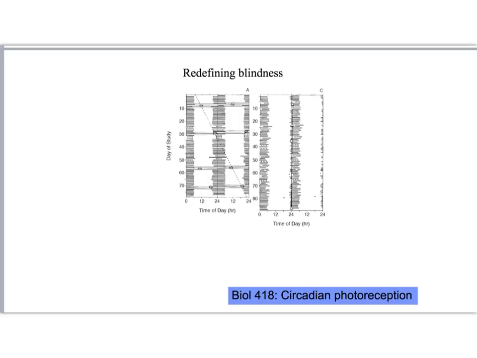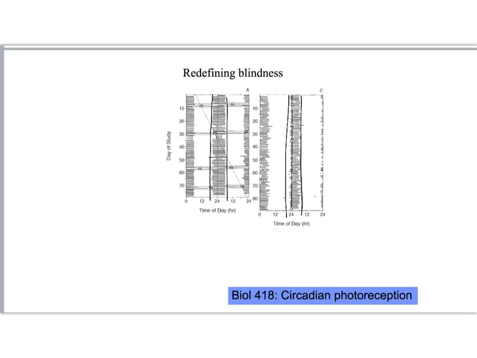I told you that there was this very interesting case of a blind person in which essentially this blind person, as opposed to other blind people, had normal circadian synchronization. And this is data from your paper, in which they show you the overall pattern of activity for a little bit more than 2 months for 2 blind patients.